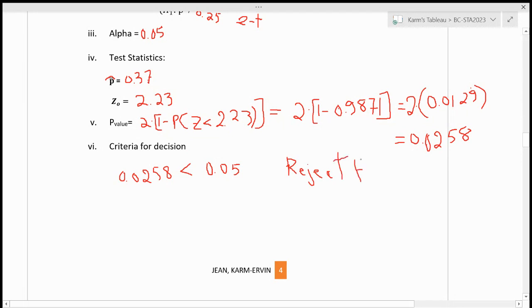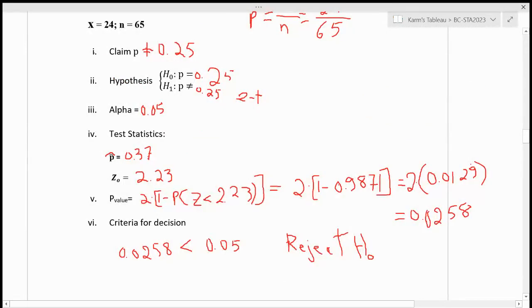So let's recap a little bit. The claim was with H1. Okay, and then we say to check H0.